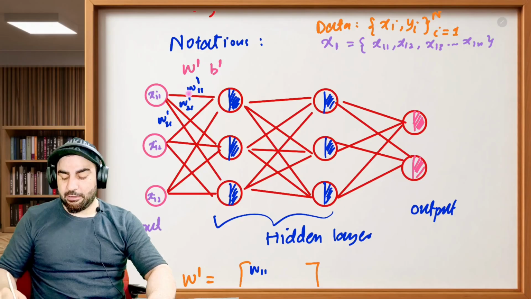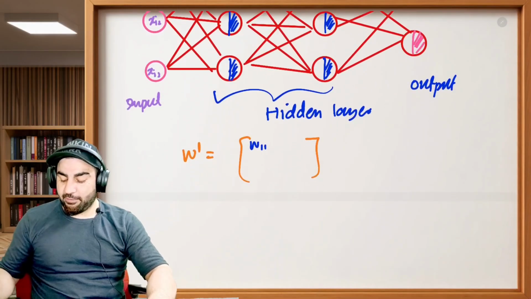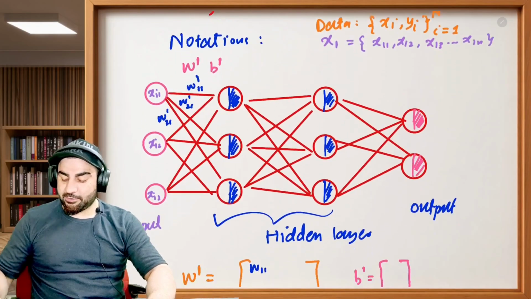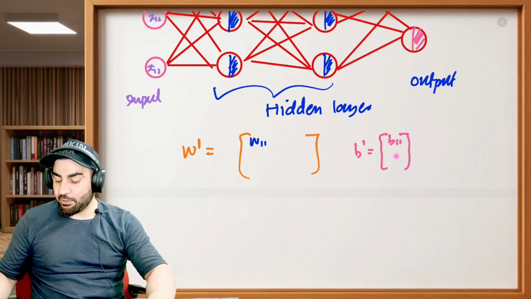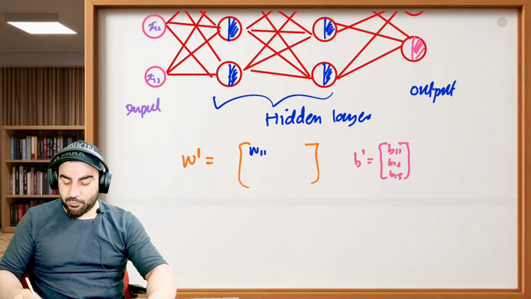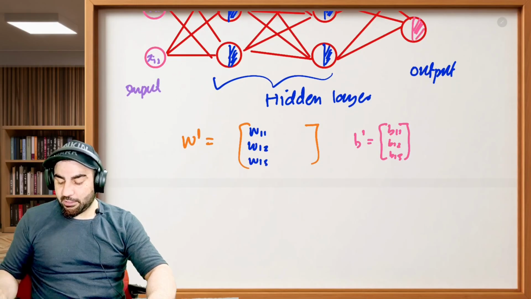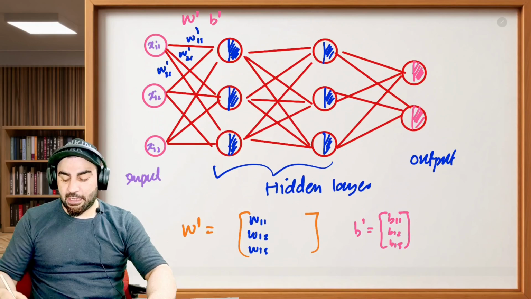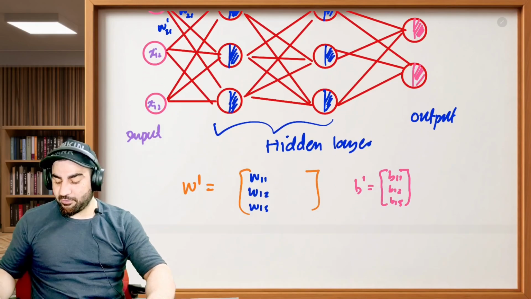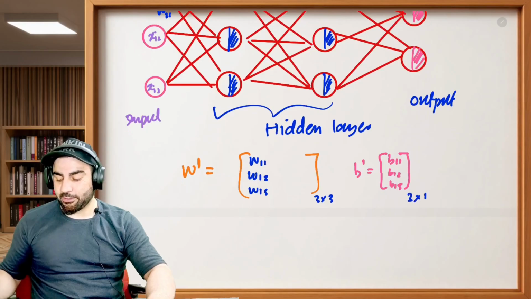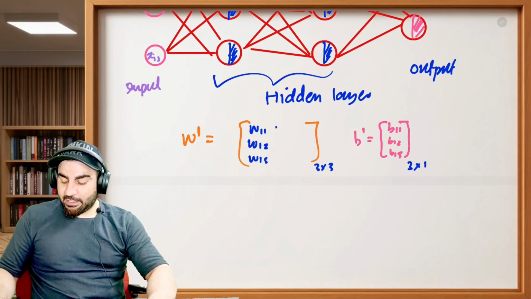This will be a matrix and a vector. The biases will be B11, B12 and B13, and similarly W11, W12, W13. Since there are 3 inputs, W1 will be a 3 cross 3 matrix, and the bias will be 3 cross 1.